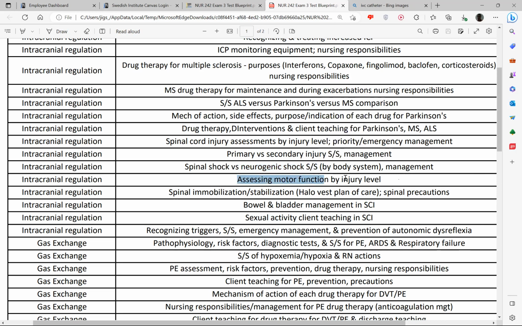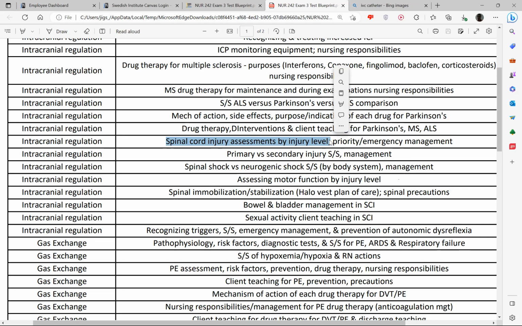This one's the same as this one. So that means you have two questions on the spinal cord. I'm sorry, what was the management of spinal shock? Rapid response. No, not spinal shock, that's neurogenic shock, because spinal shock is not an emergency. So that's long term.